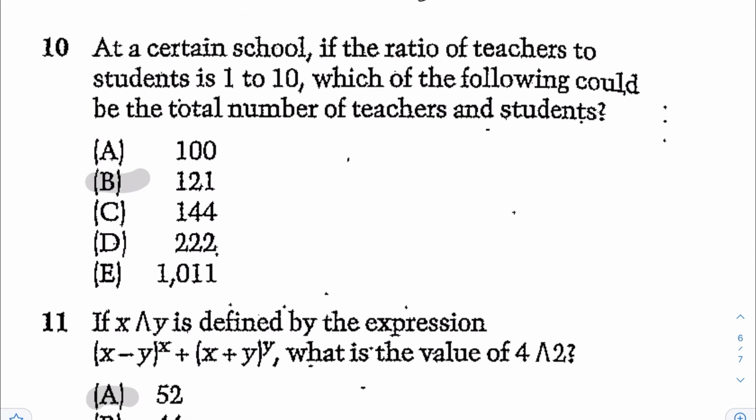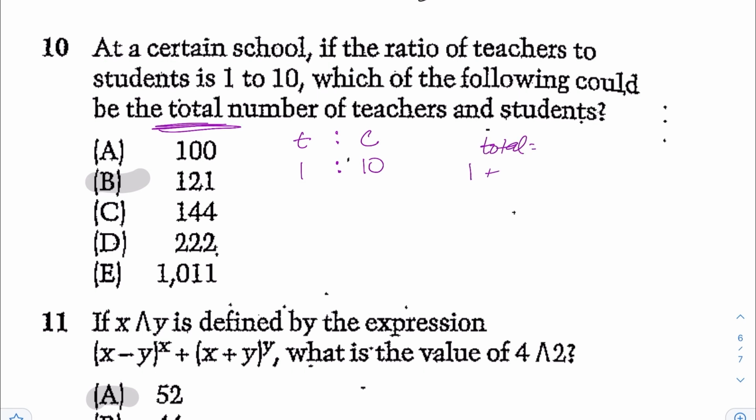Next, for number 10, at a certain school, if the ratio of the teachers to the students is 1 to 10, which of the following could be the total number of teachers and students? So here, the ratio of teachers to students, so T to S, is going to be 1 to 10. And now both of these are parts. If you want the total, of course, it is the sum of the two parts.